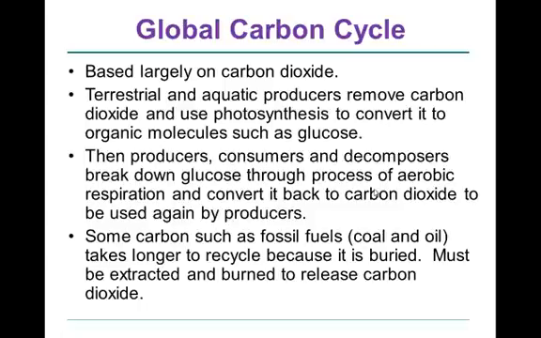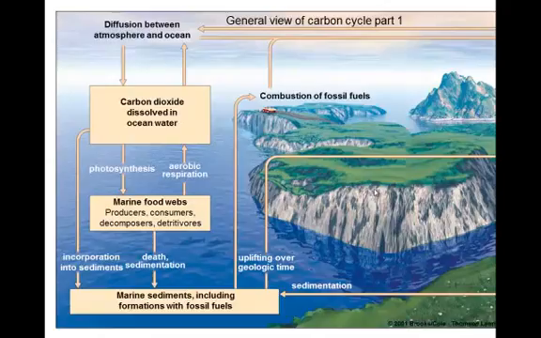So with this background knowledge, if you look at this picture, this is the left hand of a two-frame picture of the carbon cycle, and we can see these might be white cliffs with calcium carbonate in them, but certainly in the atmosphere there is carbon dioxide, and it dissolves in the ocean water.